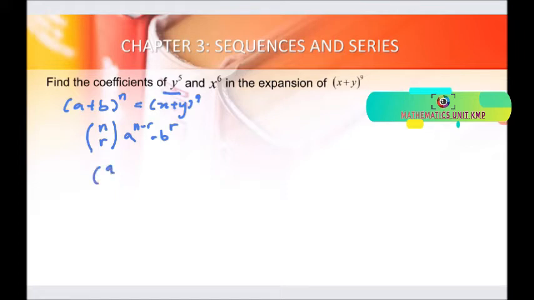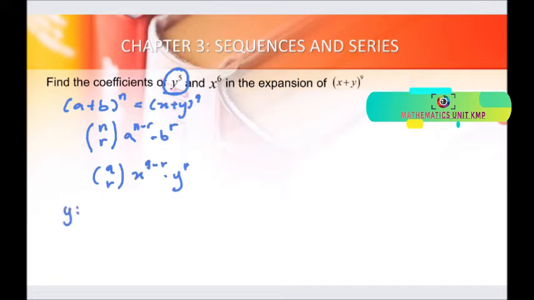We have 9Cr, a is equal to x to the power of 9 minus r multiplied with y to the power of r. So we want to find y to the power of 5, so it means r is equal to 5.